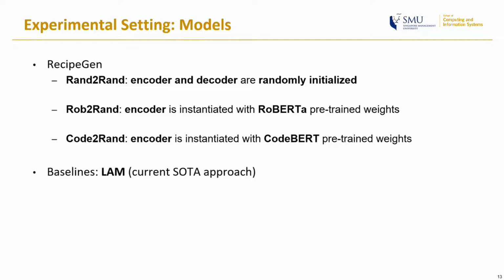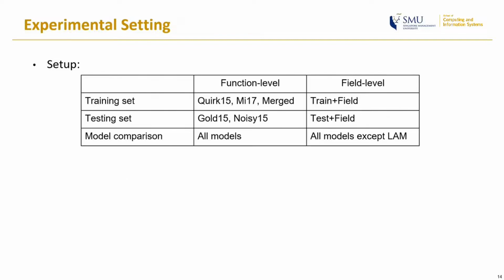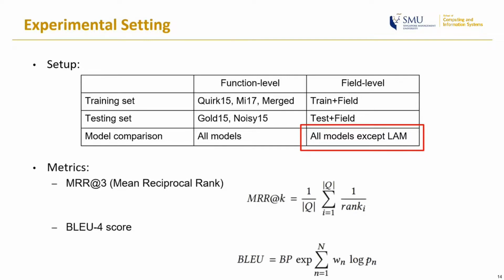We use LAMP as the baseline, as it is the current SOTA approach. We perform the experiment on two granularities, function level and field level. For the field level experiments, we don't compare LAMP because it is not designed to generate the field component. For the metrics, we use mean reciprocal rank and BLEU score.